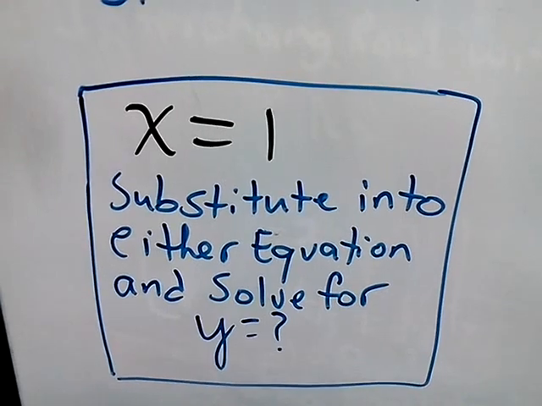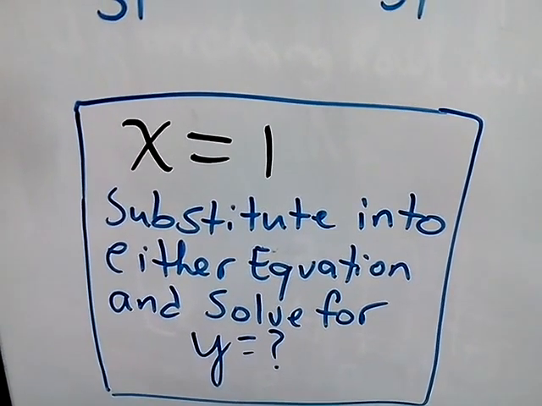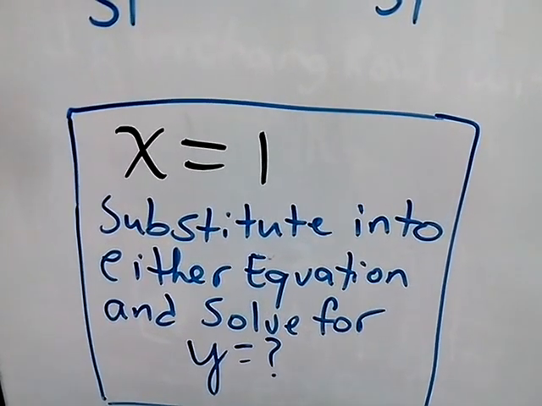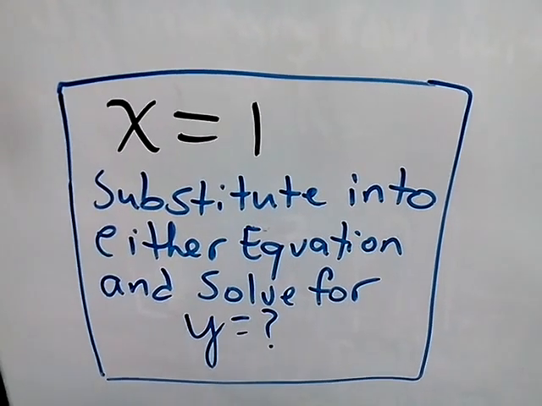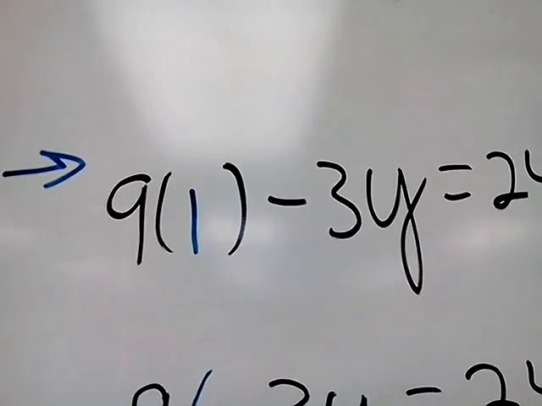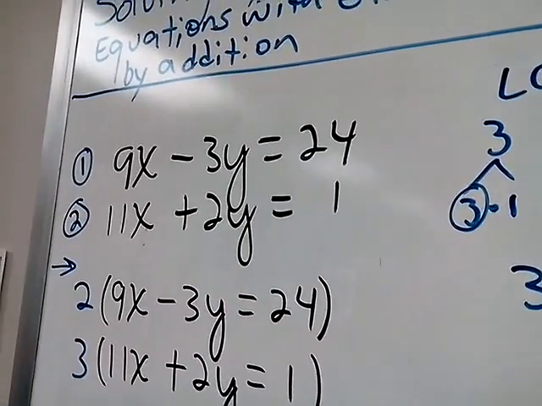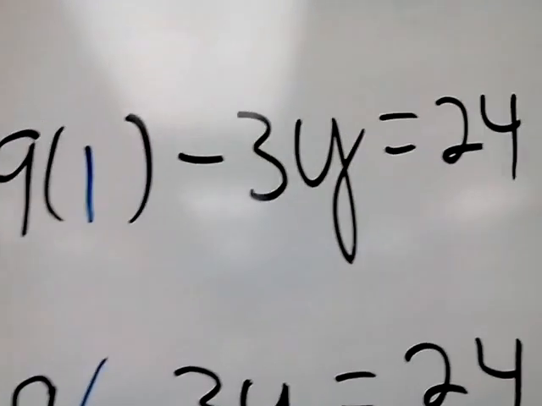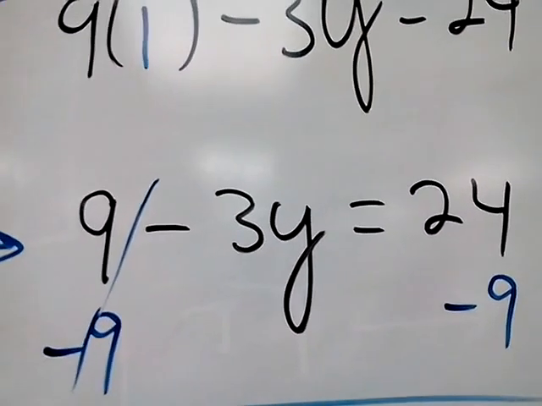So now we can solve for y by substituting the solution for x into either one of the equations. I substitute it into the first equation and solve for y.